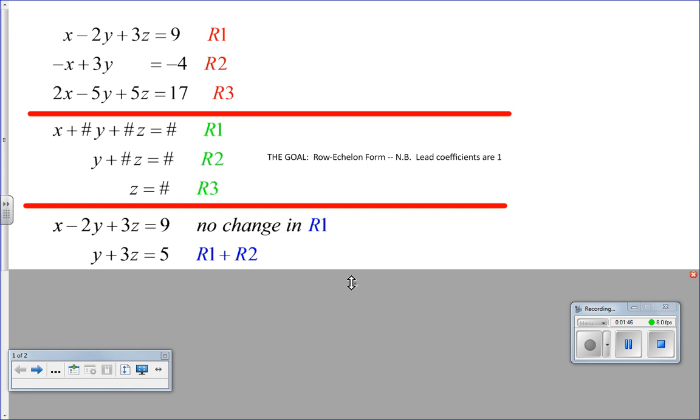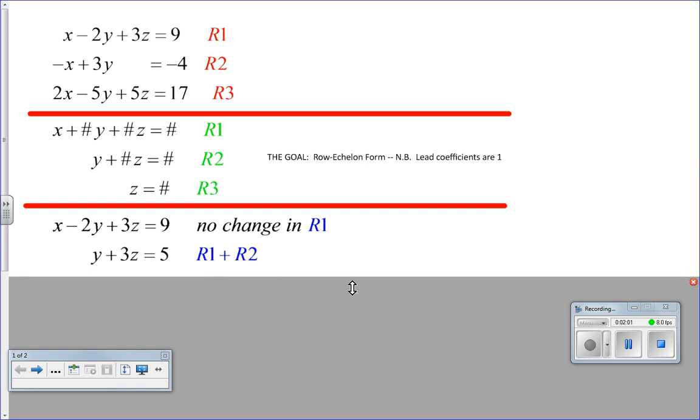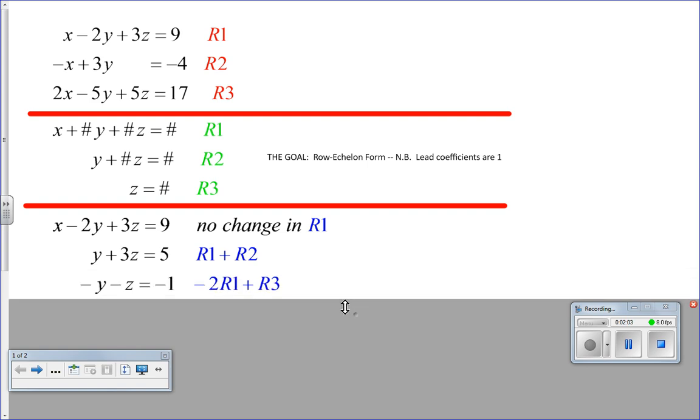We're going to do the same for row 3. That is, we're going to replace row 3, and first to start, we're just going to get rid of the x term. And this one is a little more challenging, not too bad. We're going to take the opening row, multiply by -2, add it to the third row, replacing the third row.